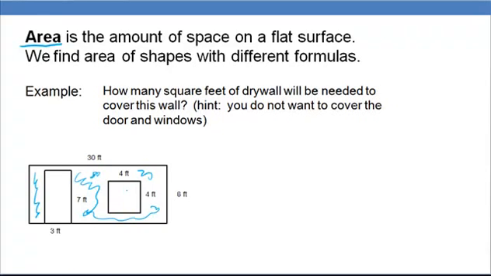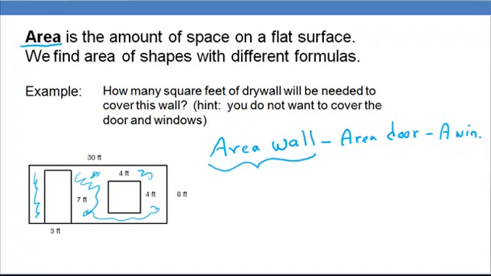So we could take the area of the entire space and subtract these off. So we'll take the area of the wall and we'll subtract the area of the door and the area of the window. Okay. So area of the wall, this is a rectangle and it is length times width, so 30 times 8.